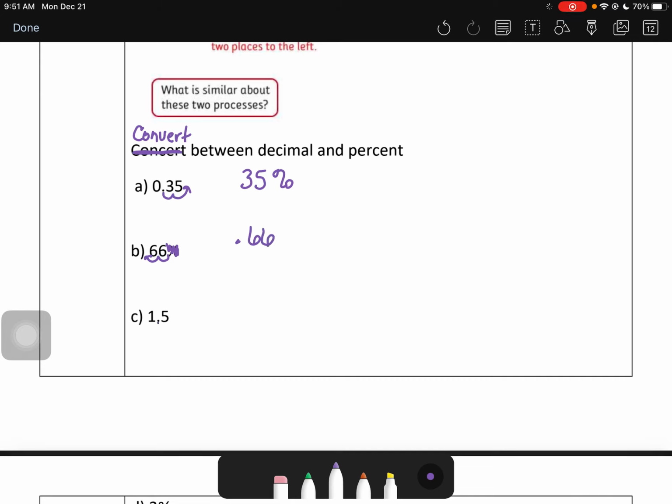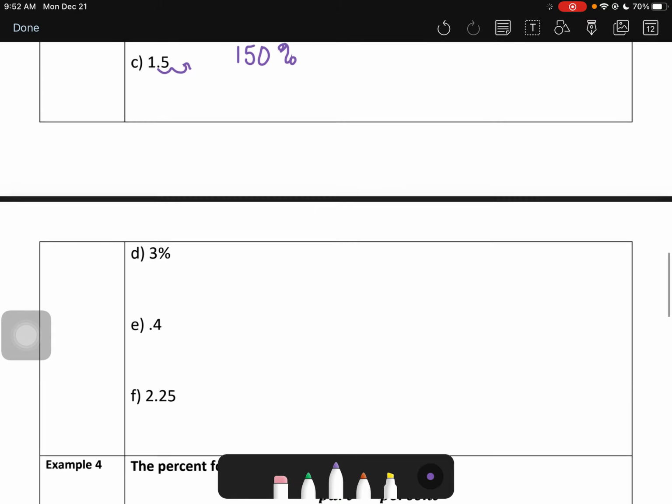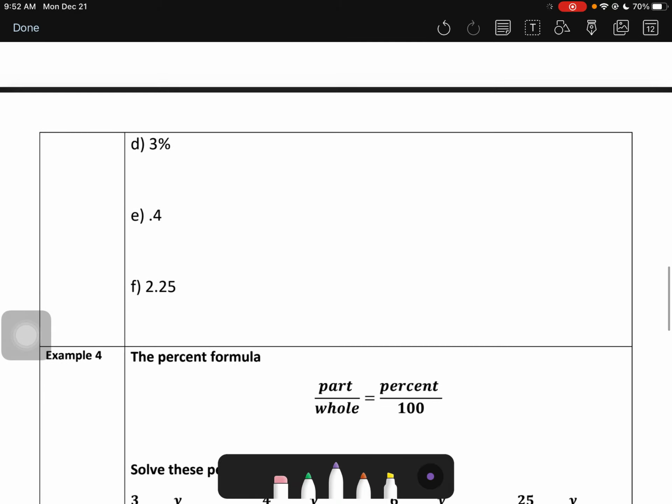This is a decimal. We want to make it a percent, so we move the decimal 2 places to the right, and we need that extra spot, so we have to hold it with a 0, and we're going to add the percent sign. To make the percent a decimal, we erase the percent sign, the decimal's at the end, we move it backwards 2 places, we put a 0 to hold that decimal place and the place that's empty.